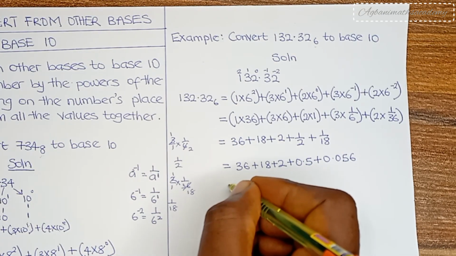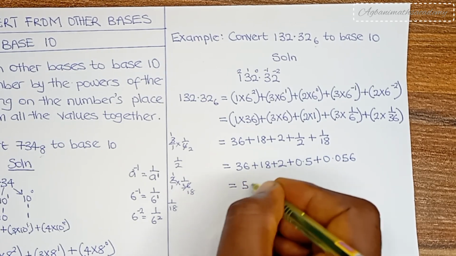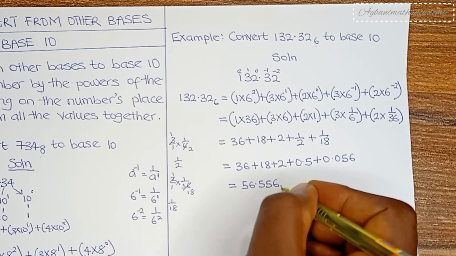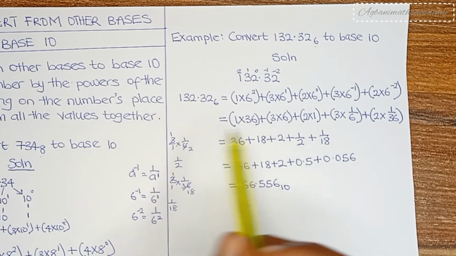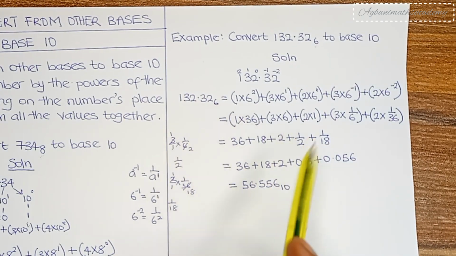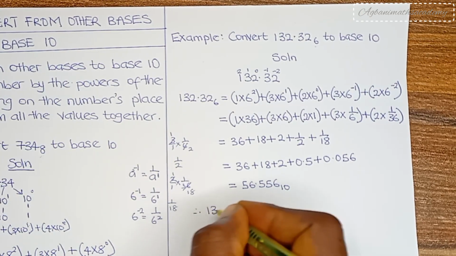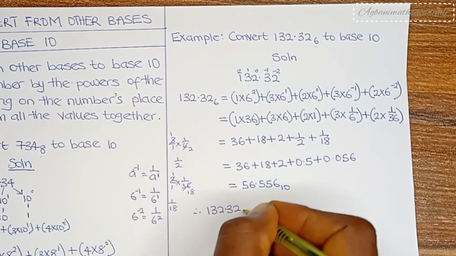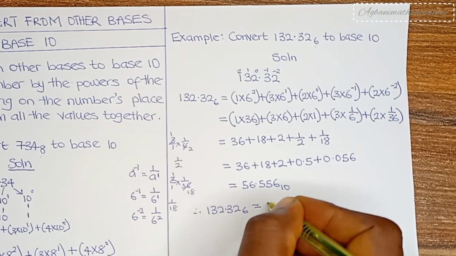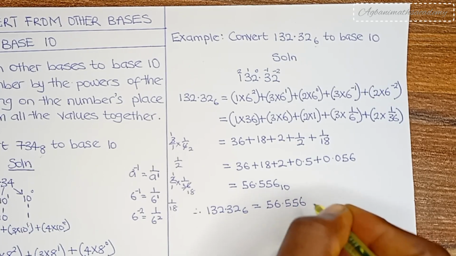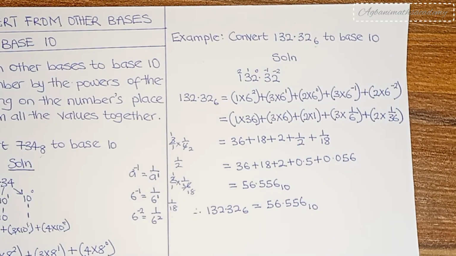When you add them, you're going to have 56.556 base 10. So we have been able to convert this value in base 6 to base 10. Therefore, 132.32 base 6 is equal to 56.556 base 10. Very simple.